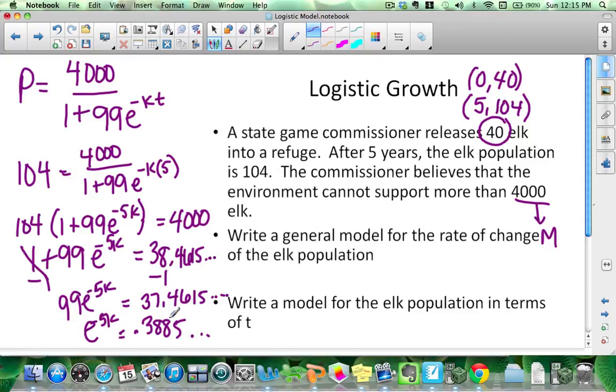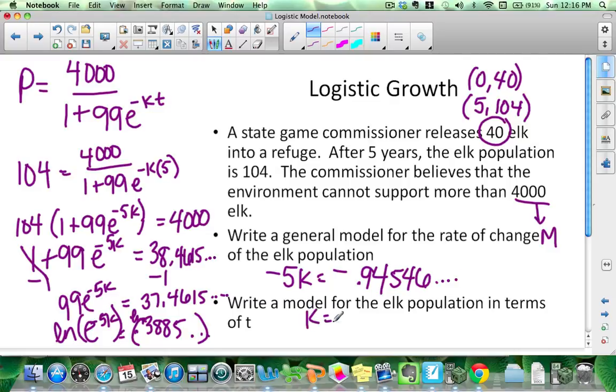To solve, I need to take the natural log of both sides. If I take the natural log of this side and the natural log of this side, that leaves me with negative 5k is equal to the natural log of that 0.388 whatever, which gives me negative 0.94546 something, which means k is equal to 0.18909.